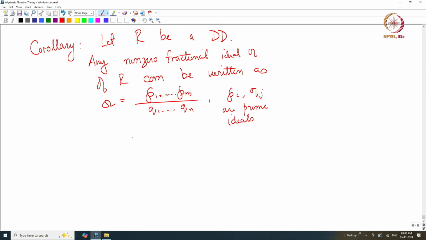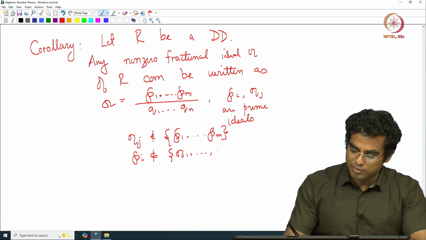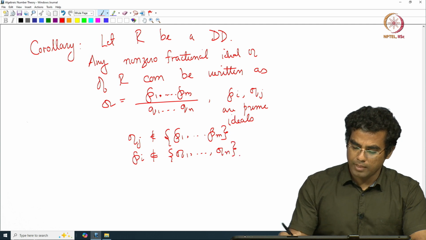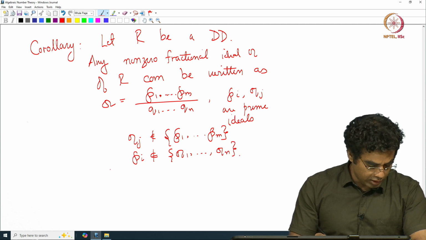And none of the Qj's is equal to any Pi, and vice versa. One of them is enough, but let me write it this way. And this way of writing is unique.